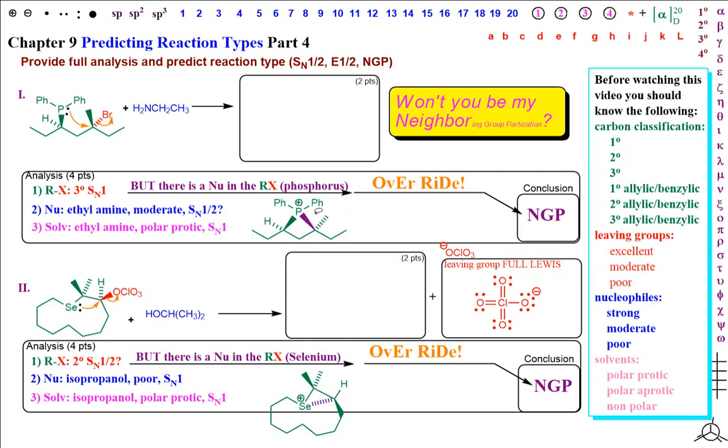Question for you: why is this new bond to phosphorus on a wedge? The simple answer is we did a backside attack on a carbon whose leaving group was on a dashed bond. The backside of the dash is a wedge. So the stereocenter got flipped, inverted. Same story down here. Why is the new bond to selenium on a dash? Well, we're coming in 180 degrees from a wedge bond.